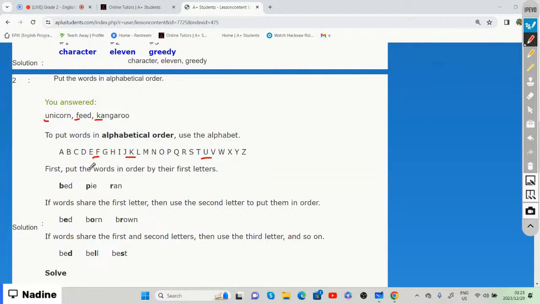Which means that if we look at the letters that we've underlined, we have F, K, and then U, which means that feed starts with F. Then after F comes K, which means that it's kangaroo. And then after K comes U, which is unicorn.